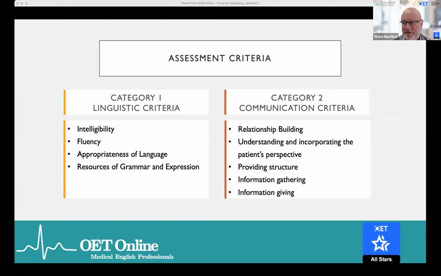So in terms of assessment criteria, there's 2 categories. One is the linguistic criteria, and that's the same in many language exams. You're being assessed on your intelligibility, which is another way to say pronunciation, how clear and how well you pronounce words and the natural rhythm there.